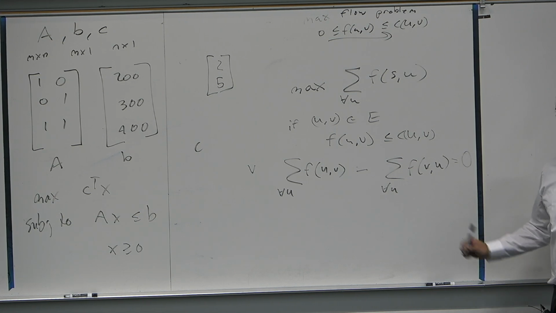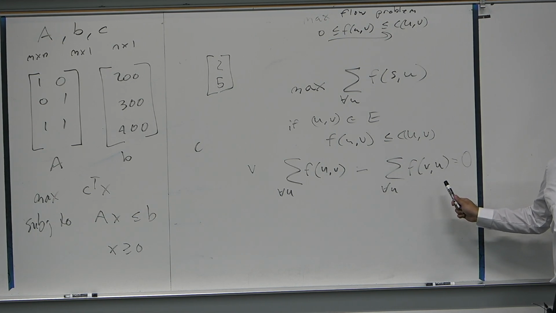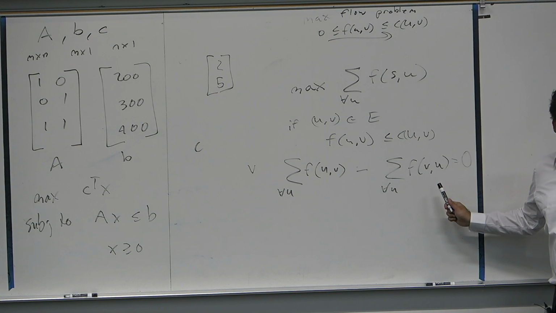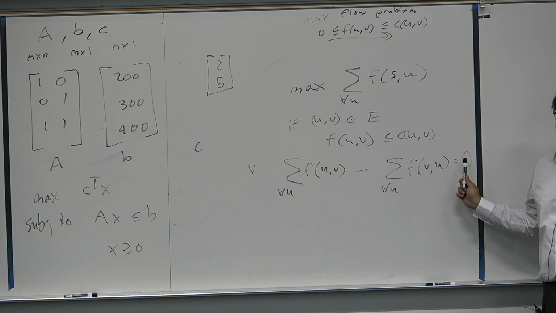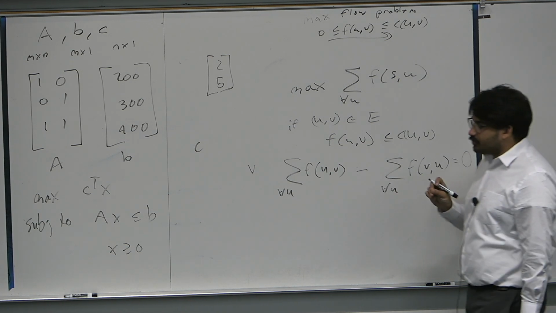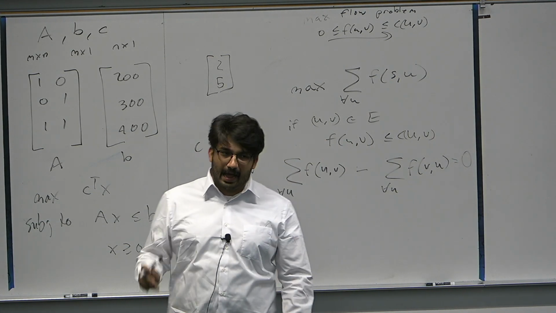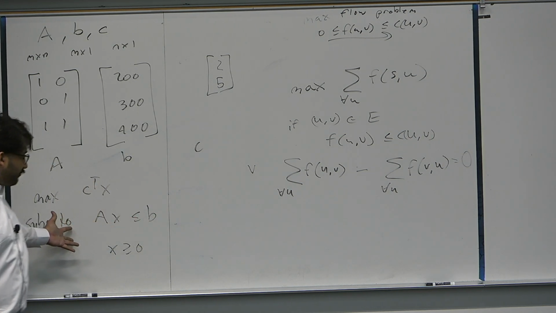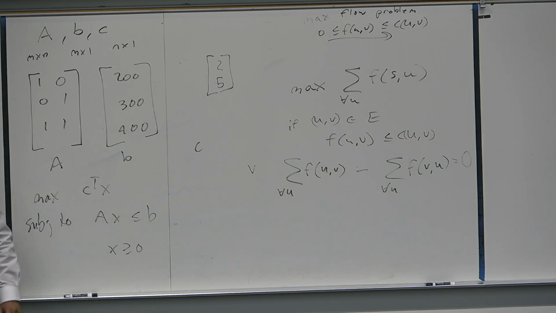Okay, one other problem, there's an equality here. How do we fix that? We want it to be equal to 0, because that's exactly what the flow requires. But as syntactically defined, a linear program only allows inequalities.